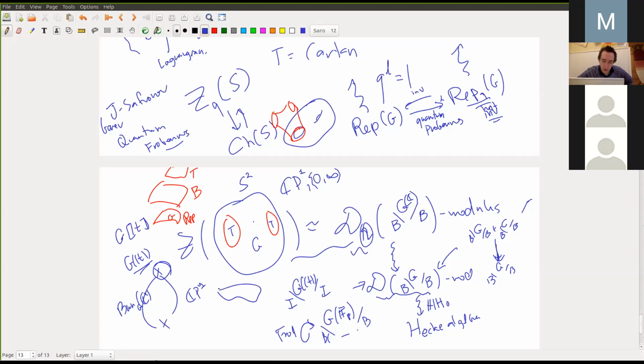I've got my surface. This one up here is all T's, and this one down here is all G's. I can try to put the exact same surface halfway between, color this by B, and then construct the three manifold, which is like that.